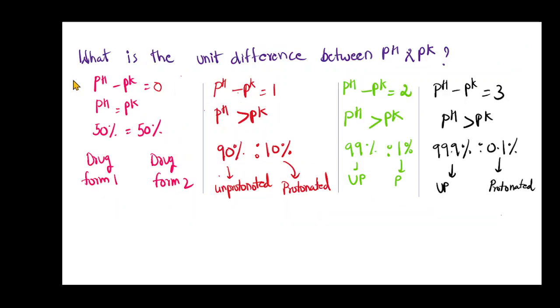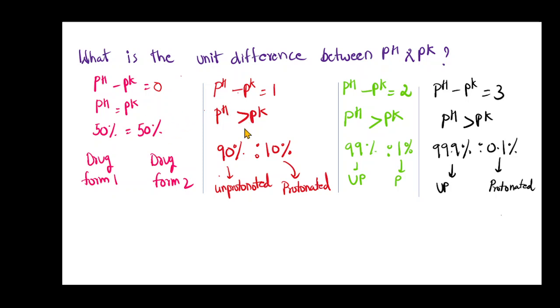As I discussed in the previous video, a small unit of difference between pH and pKa results in a large fraction of ionized and unionized. We can see pH minus pKa equal to 0. What does it tell us? When pH is equal to pKa, 50% of the drug would be ionized and 50% unionized.